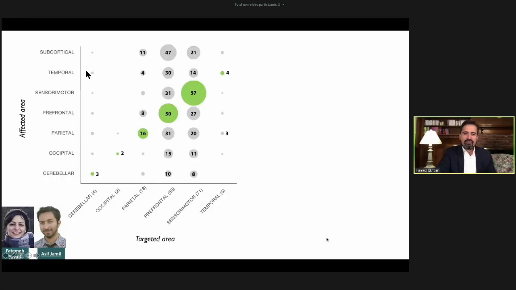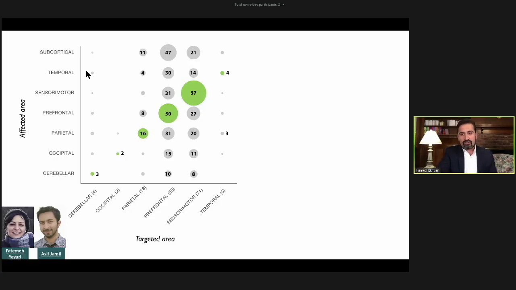As you can see here, when we target a specific area in the brain, people reported changes in fMRI activations or connectivities within different areas in the brain. Of course, when we stimulate a specific area in, let's say, the prefrontal cortex, we have changes in prefrontal cortex activations or fMRI signal. But it's interesting that, especially for the prefrontal cortex, there can be changes in activations in other areas of the brain.